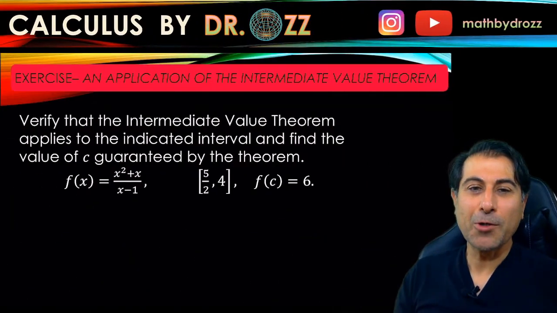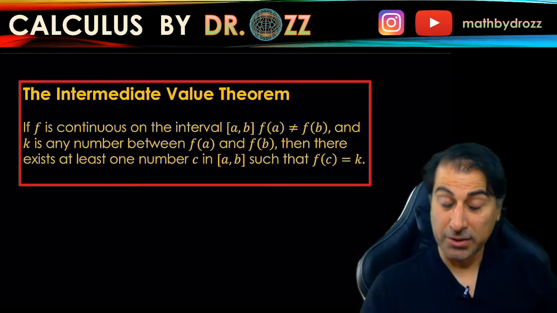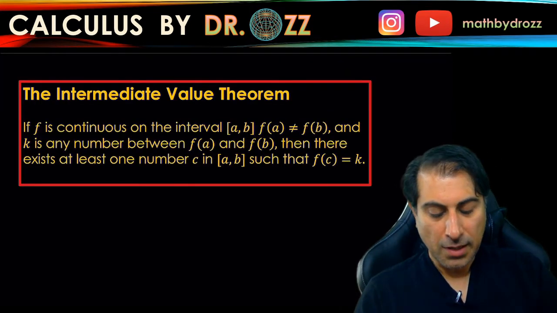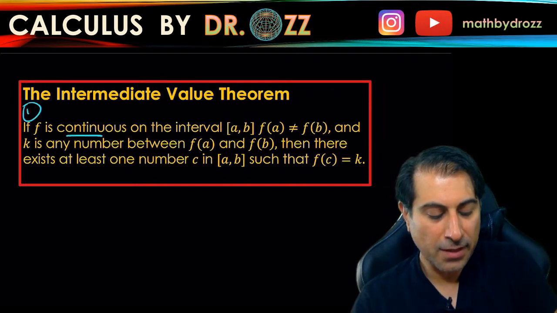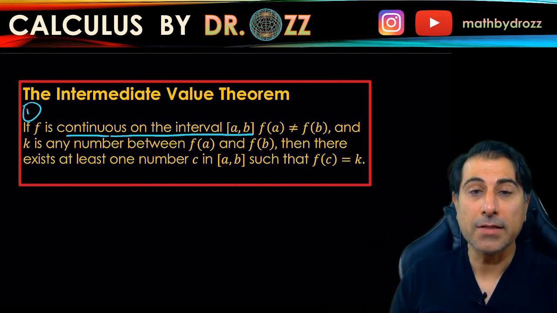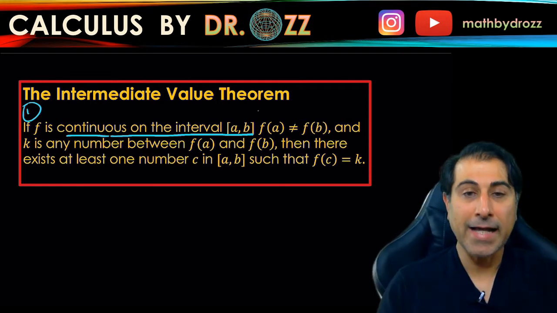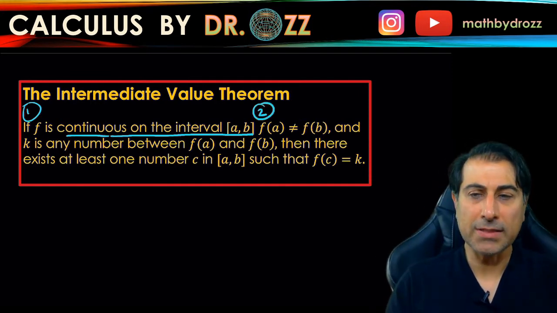All right, let's recall the statement of the intermediate value theorem. Let's check the conditions more importantly. First off, we must have a continuous function defined on a closed interval [a, b]. The second condition is that f must attain different values at the endpoints.